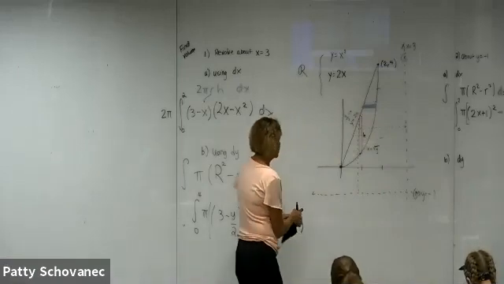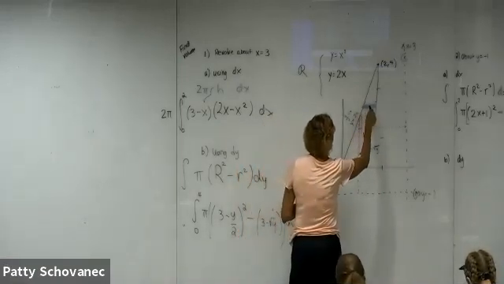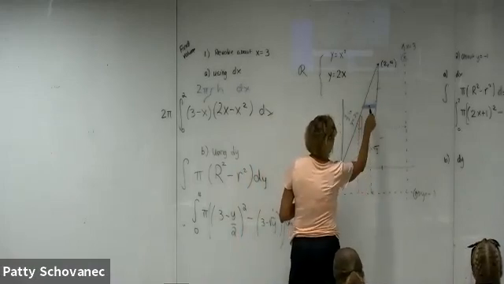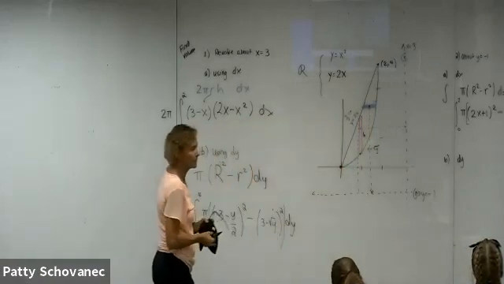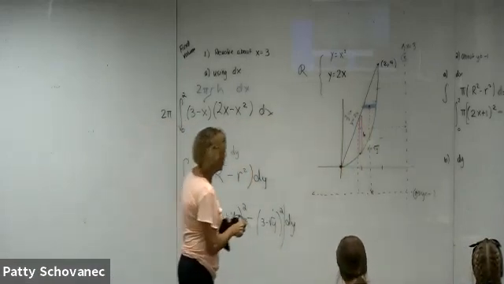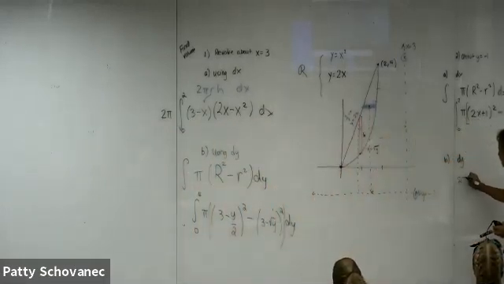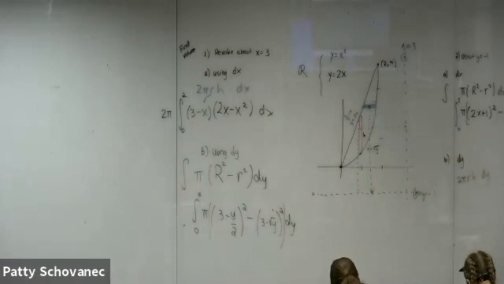The radius of the shell is gonna be measured from somewhere in the middle of here, all the way down to this line. It's a shell, 2 pi r h dy is our plan.